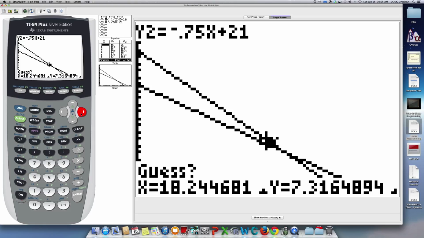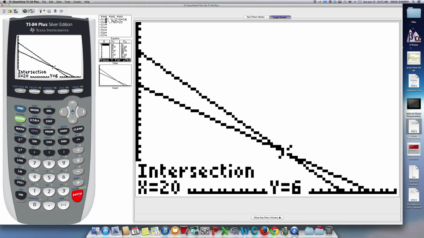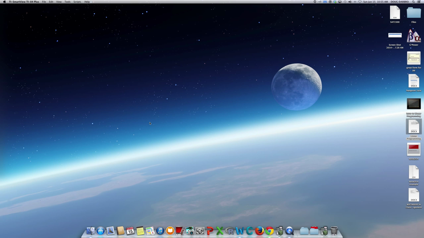But you could have multiple intersecting lines, and it wants you to take it to the one that you're trying to find the intersection of. So if I hit enter, it's going to do all the work, and it's going to come up and say intersection x equals 20, y equals 6. So guys, that's what I need. X equals 20, y equals 6.